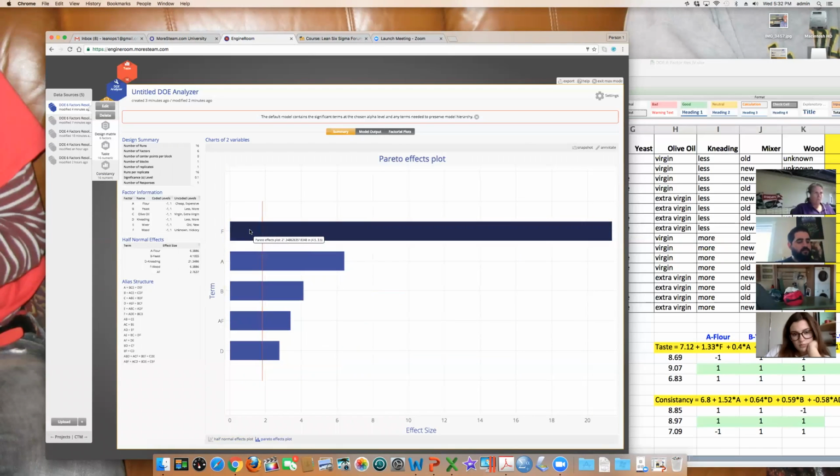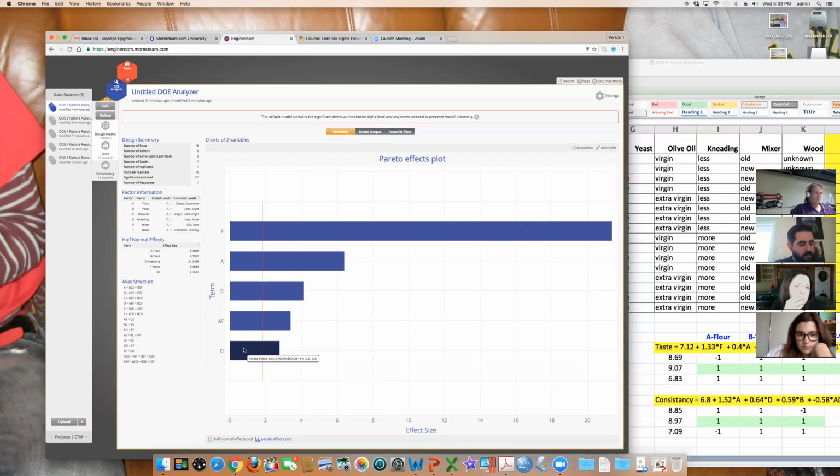F is significant and seems to have the biggest impact. That's the wood. Then we've got A, which is the flour, and B, which is the yeast. There's an AF interaction that looks significant, so the flour and wood interaction is significant. And then D, which is the kneading, is significant.